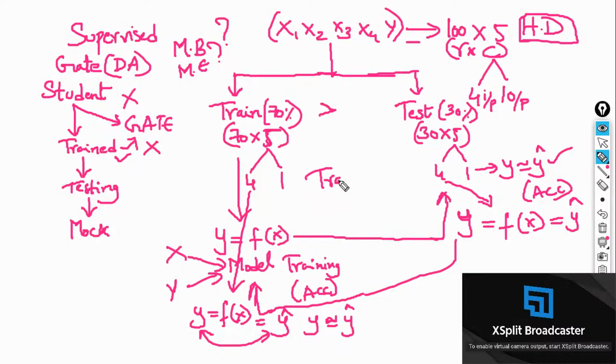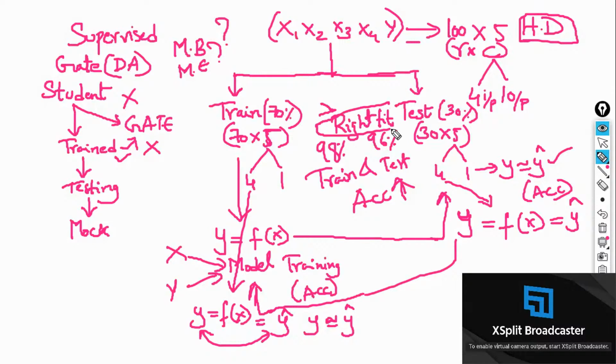If train accuracy and test accuracy are close or equal, assume I get 98% on train data and 96% accuracy on test data, that means we have got a right fit model. Right fit model is what our aim is.